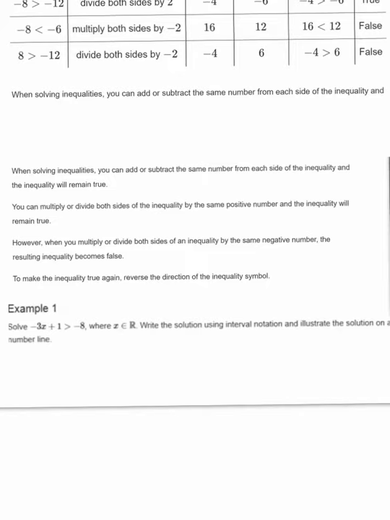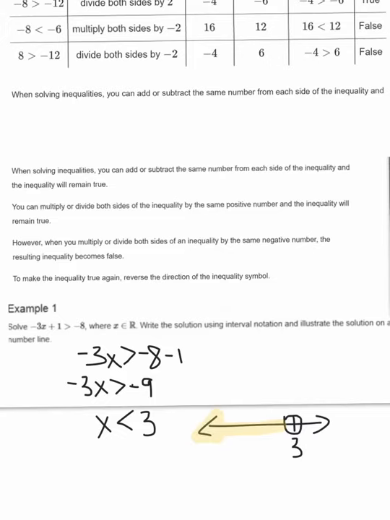So first we move the 1 over to the other side, and we get -3x > -9. Then we divide both sides by -3. Remember, when we do that, the sign switches, so it's x < 3. And this is what it would look like on a number line.